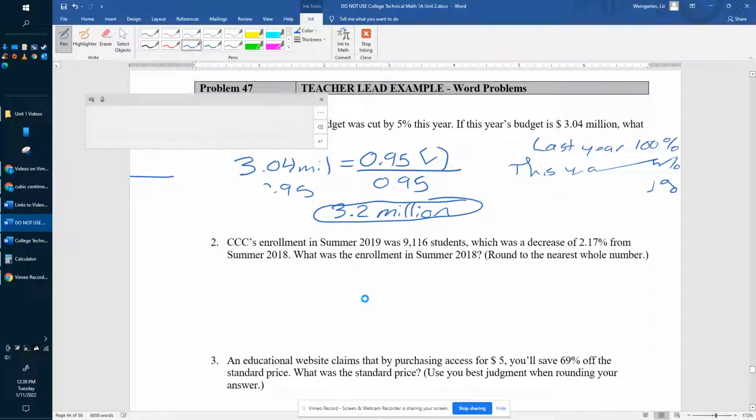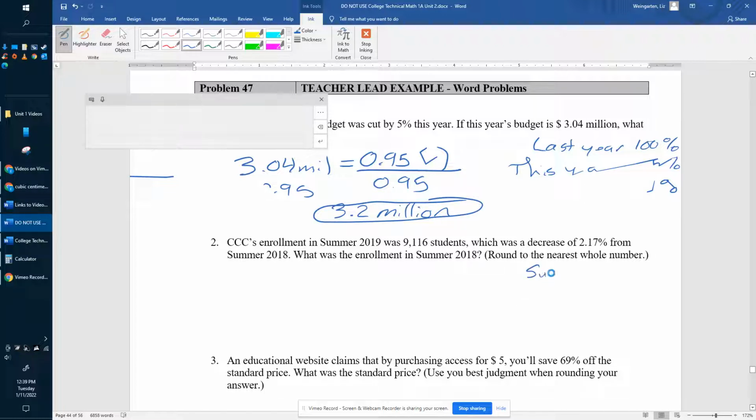CCC's enrollment in summer 2019 was 9,116 students, which was a decrease of 2.17% from summer of 2018. What was the enrollment in summer 2018?